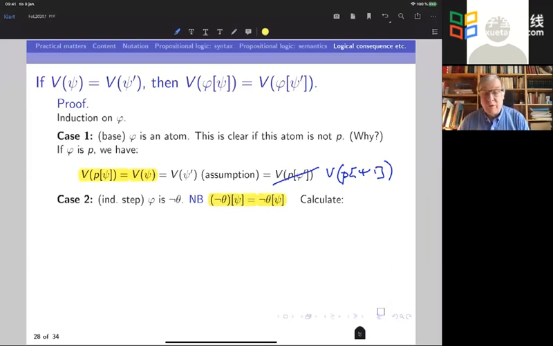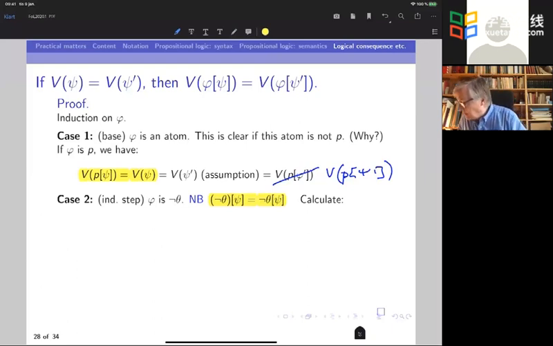If you take the formula not theta and replace occurrences of P in it by psi, you get a new formula. But that's exactly the same as what you obtain if you start instead with theta and replace all occurrences of P in theta by psi, and then put a negation in front.